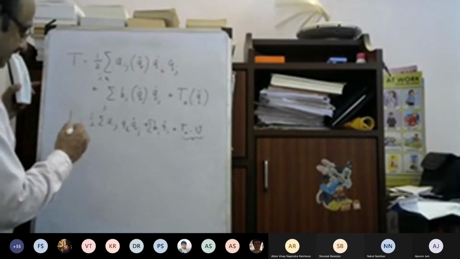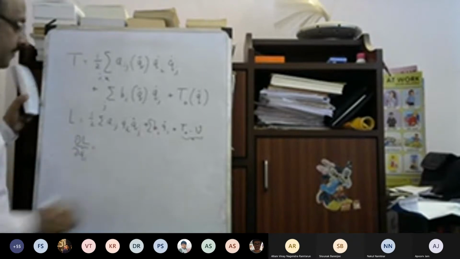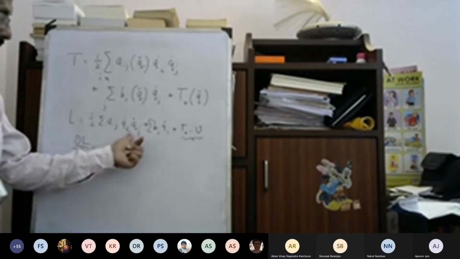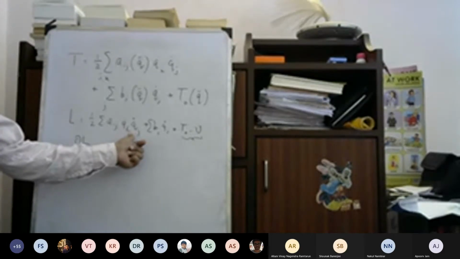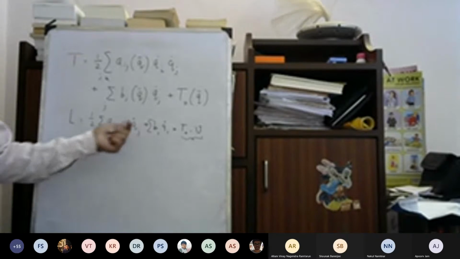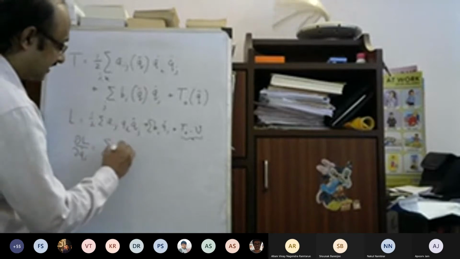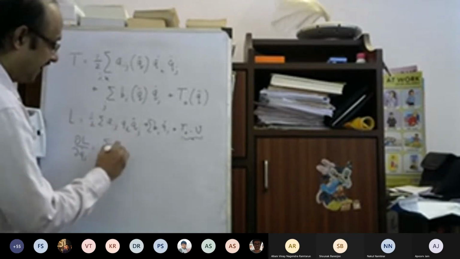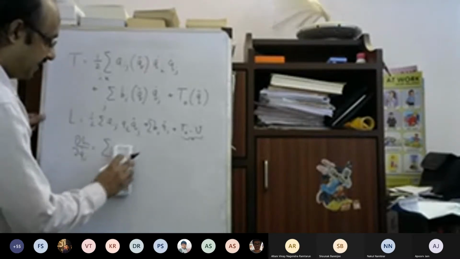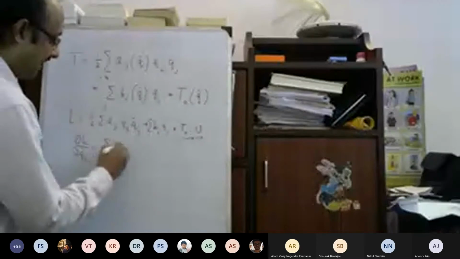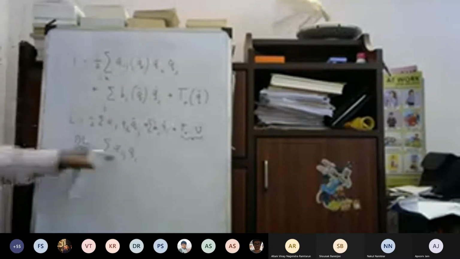Now if you take del L del qi dot, one term will come from here, so there will be a term which is Aij qj dot, the linear term.